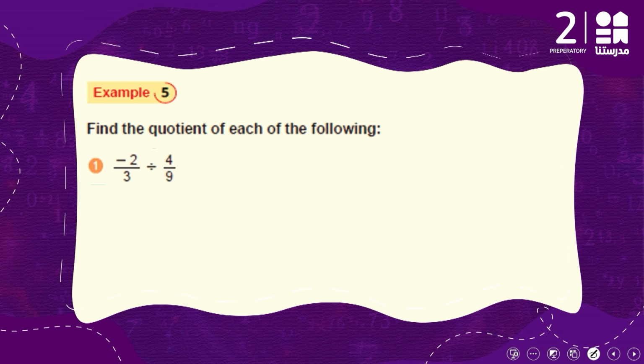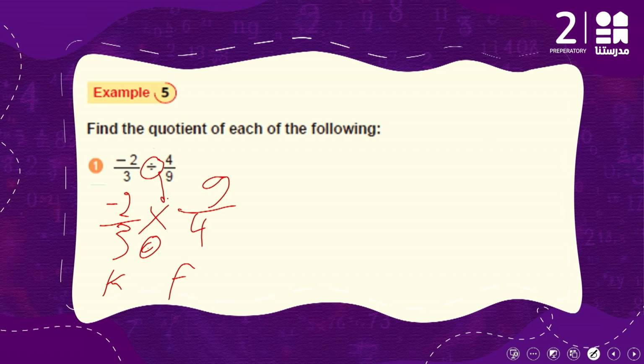If you have a fraction divided by a fraction, we have a rule: we leave the first fraction, then we switch the division sign into multiplication and flip the second fraction. This rule is called KCF: keep, change, flip. Keep the first fraction, change the operation of division to multiplication, and flip the second fraction.